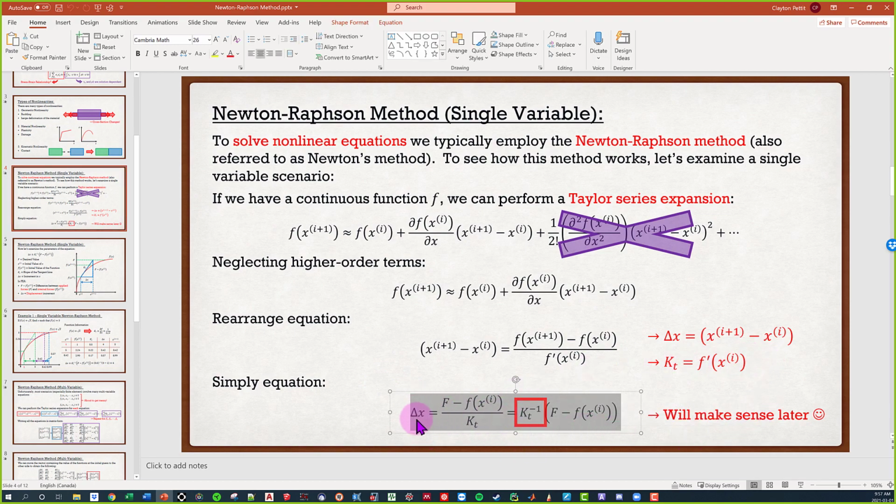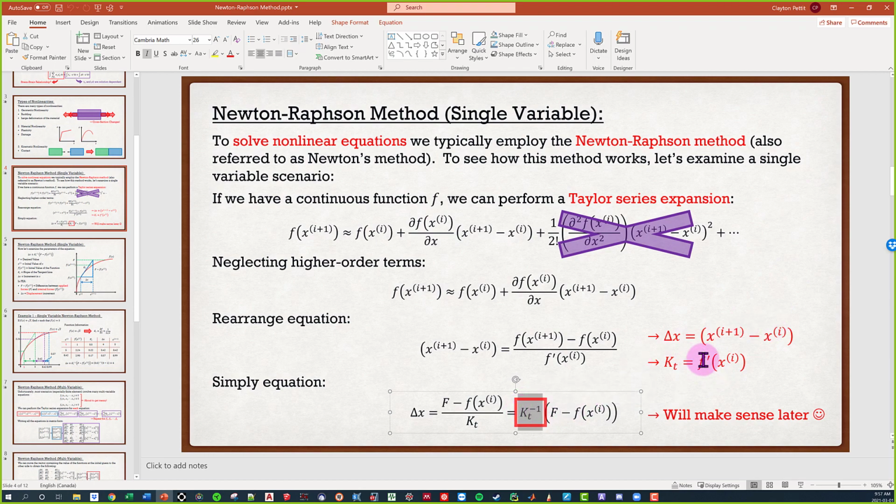Because again, we're solving for delta x. F we know is 0. Our function we know is going to be the derivative of that potential energy. So what is the one thing that we don't know yet? KT. Exactly.